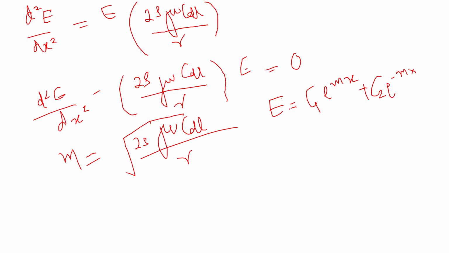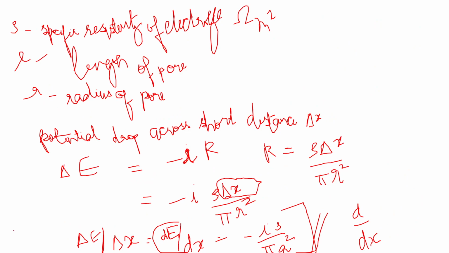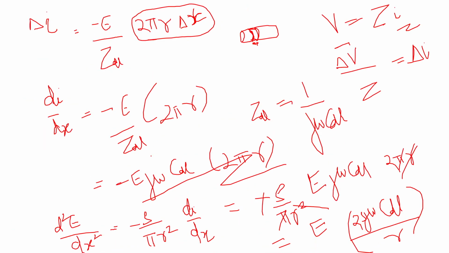Now, why have we made the second differentiation, d square E by dx square? What is the purpose of that? Here you have dE by dx as a function of I, and similarly you have dI by dx as a function of E. So it's a first order equation and you have two unknowns, so you cannot proceed properly in that way.